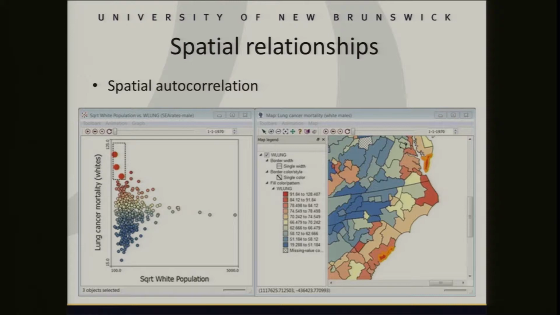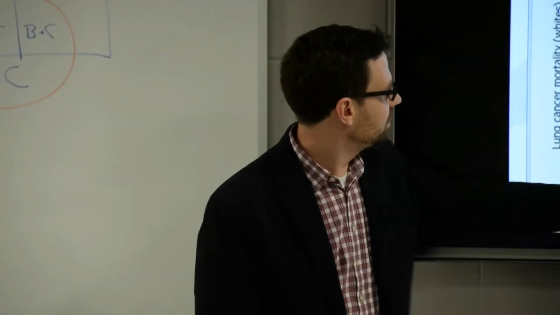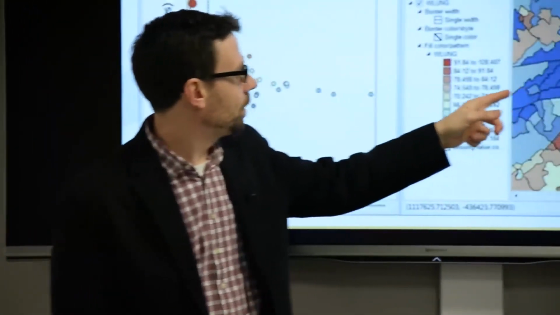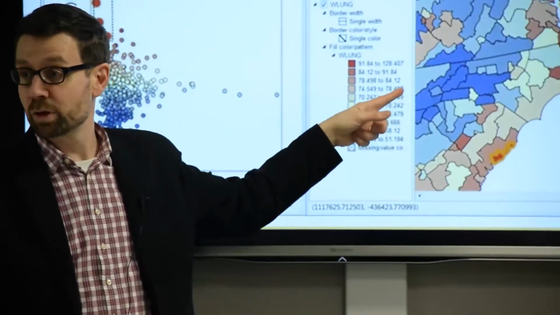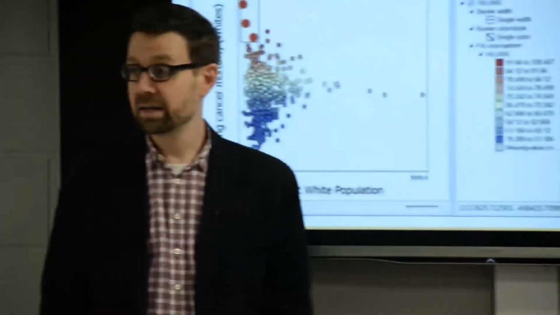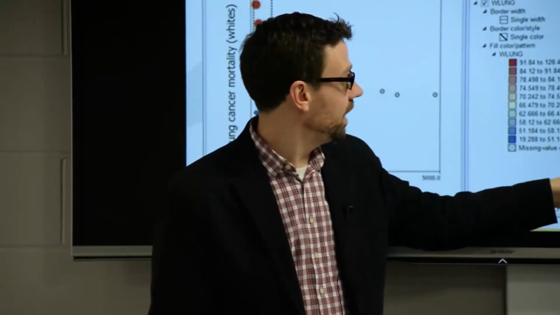And so we can then produce maps and we can say, okay, let's look at lung cancer mortality and let's look at it by the square root of the population. And we can find out areas where we have lower than expected lung cancer mortality and areas where we have higher than expected lung cancer mortality. So we can then see spatially, okay, we have lung cancer hotspots.